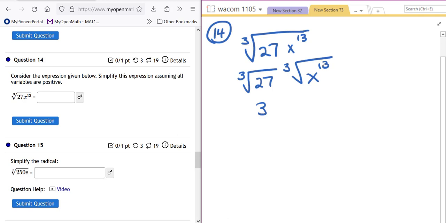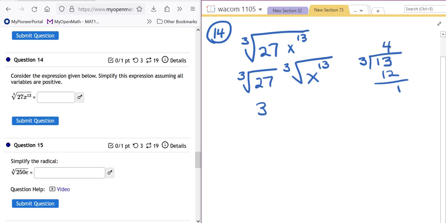So you're going to need to do some long division here. It's not horrible like sometimes. You're still going to divide by the index into your exponent. So you're going to do 3 into 13, right? And it goes 4 times. 4 times 3 is 12, and you have 1 left over. That's breaking it into groups of 3.